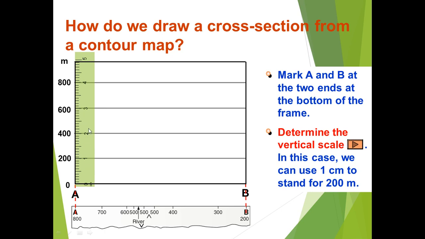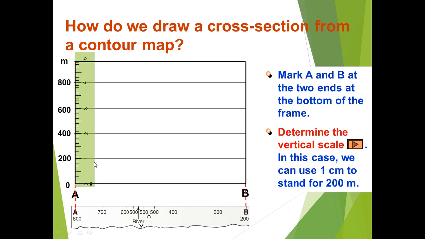So you have to draw a very large frame in order to finish the entire cross section. But right here you can see the maximum number is 800 and the minimum is 200. So for this case, 1 cm to 20 meters may be a very good vertical scale.